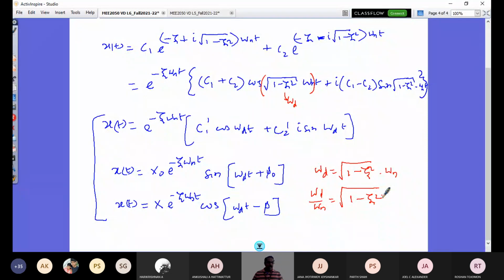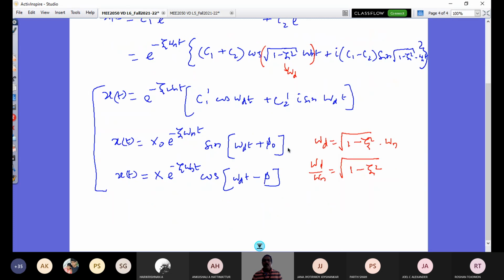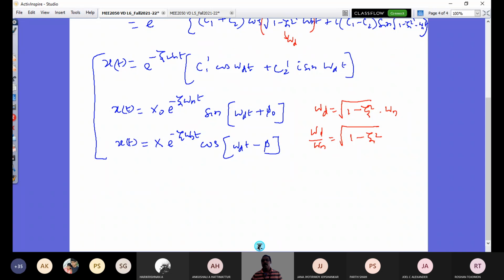You can look at this graphically: the variation of this ratio as a function of zeta can be looked at like this.